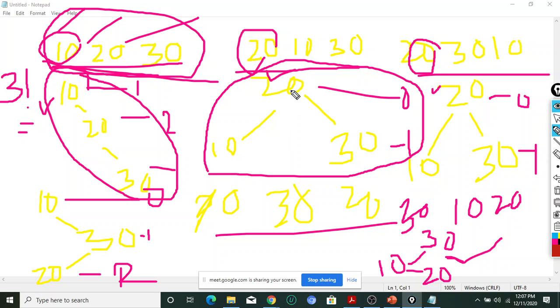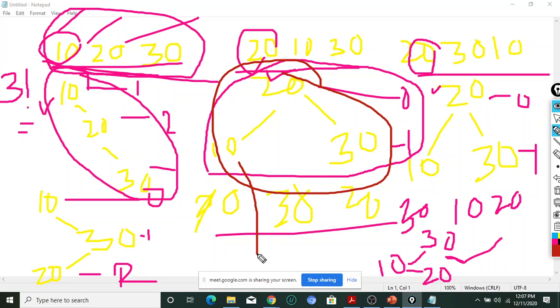Suppose in this picture I am going to find this element. I am talking about this picture. So how many comparisons are required if I want to find an element? If 10 is the item, or element, or particular node, key value is 10, then how many comparisons are required?